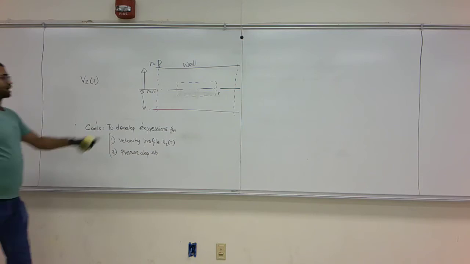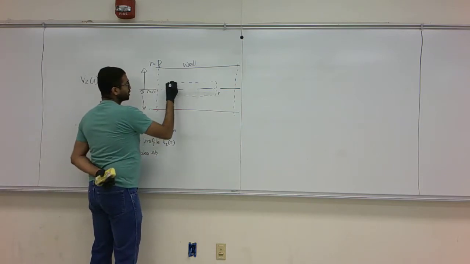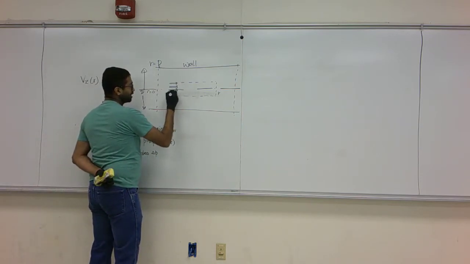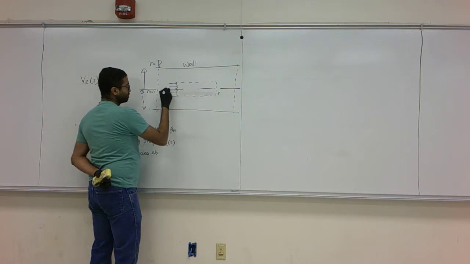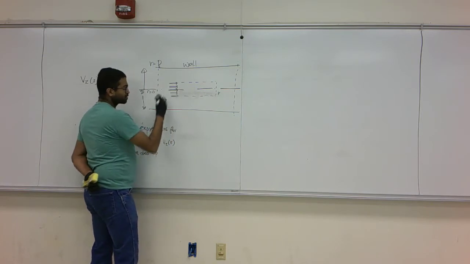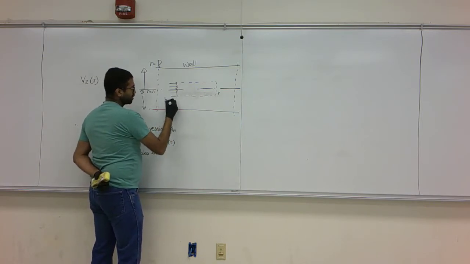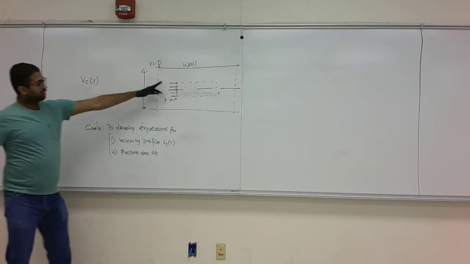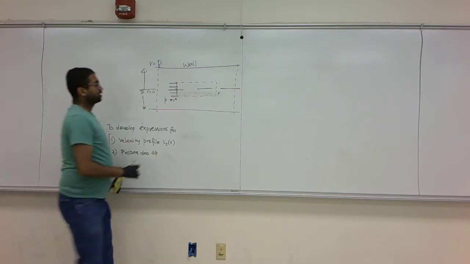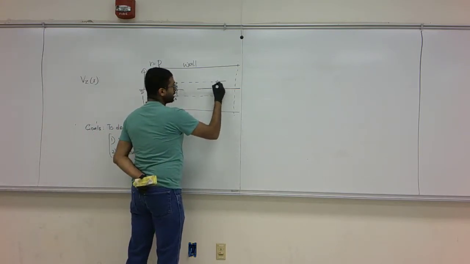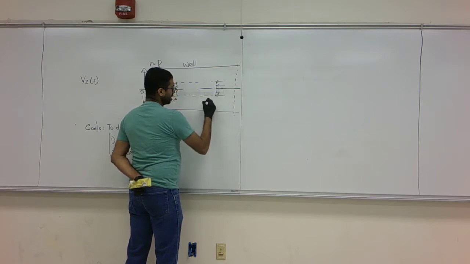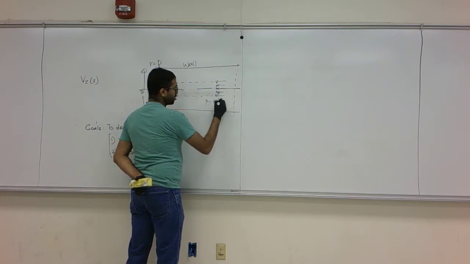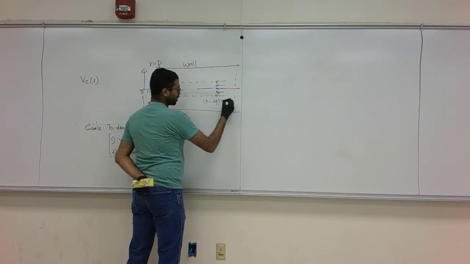If I consider this fluid element, on this face of the element, if the pressure is P, the force acting on it is P times pi r squared. And the force acting on the other face is P minus delta P times pi r squared.